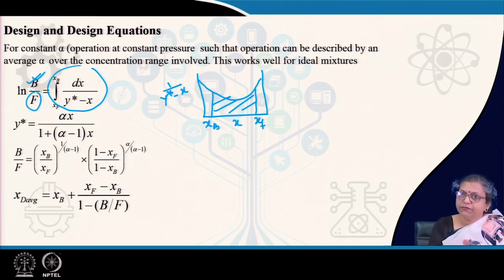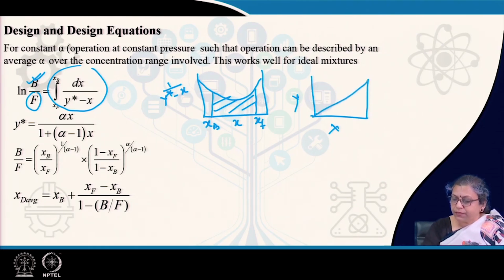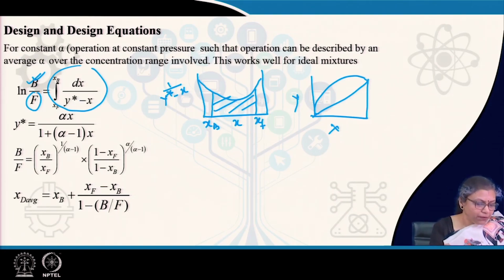We can also have an algebraic equation which can describe the equilibrium curve. We can use that algebraic equation here, y star expressed as a function of x. For ideal solutions, when alpha more or less remains constant, under that condition we know that y star can be related with x in terms of alpha, and therefore, for such situations we can relate y star and x by this particular equation.